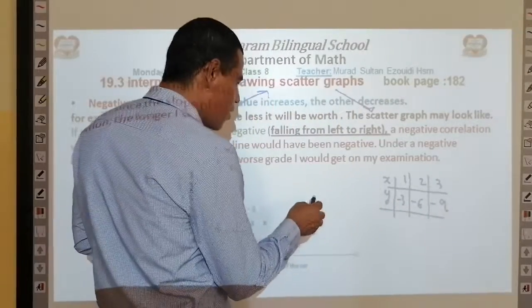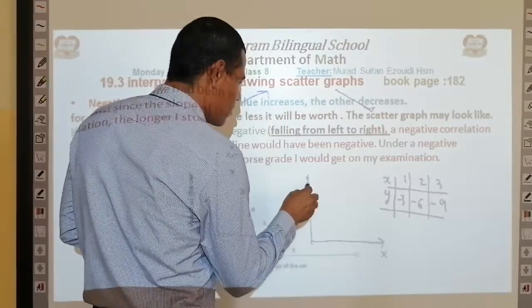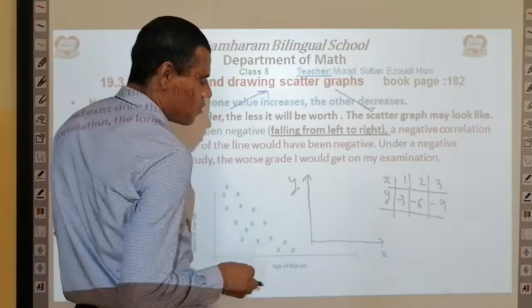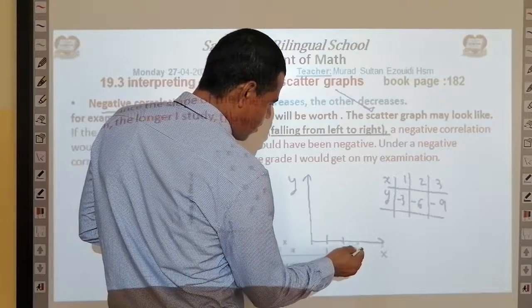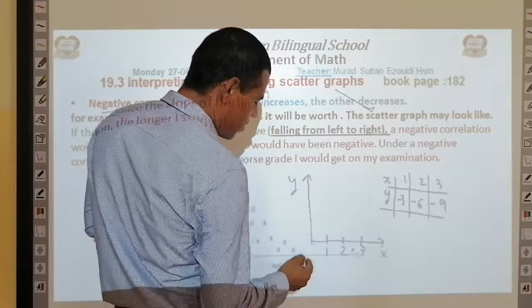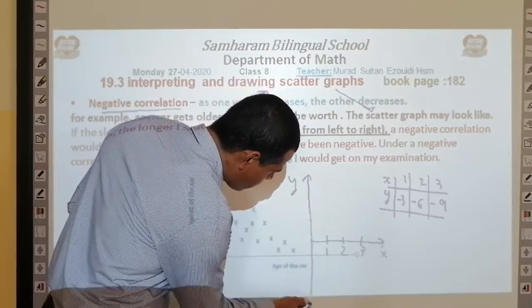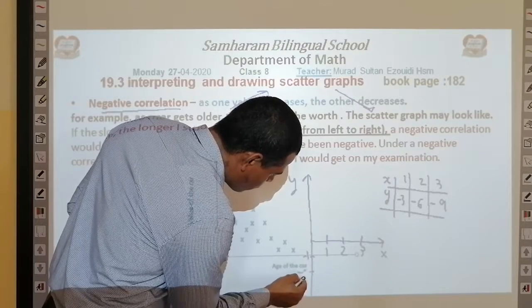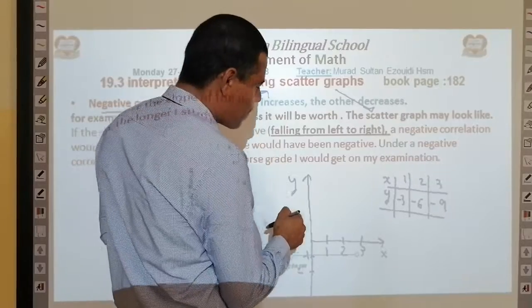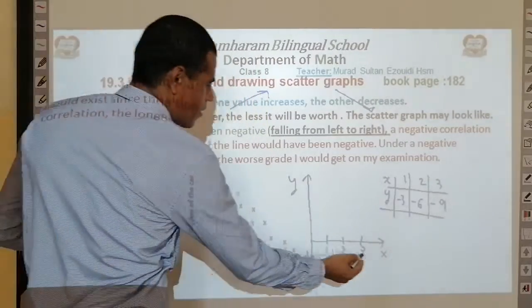So if we draw, this is, for example, x, and this is y. This is 1, this is 2, this is 3, and this one is negative 1, negative 2.